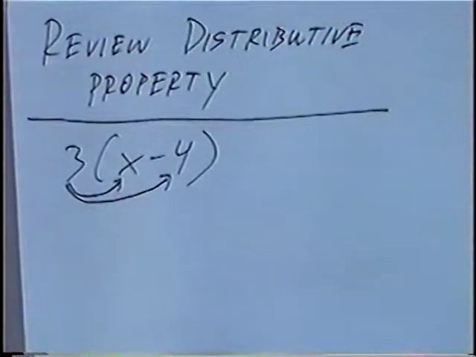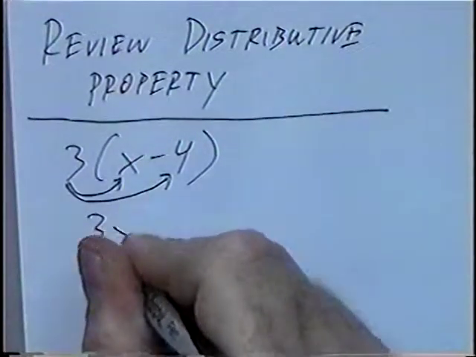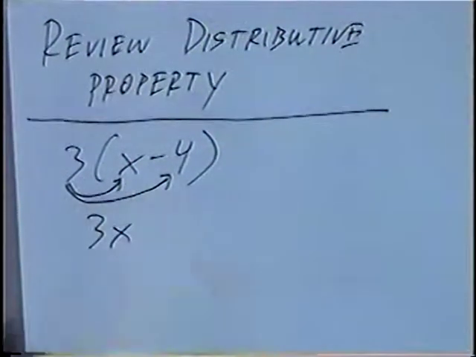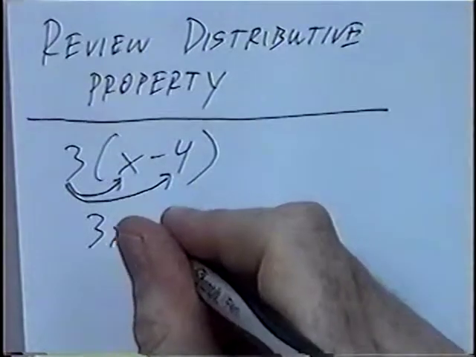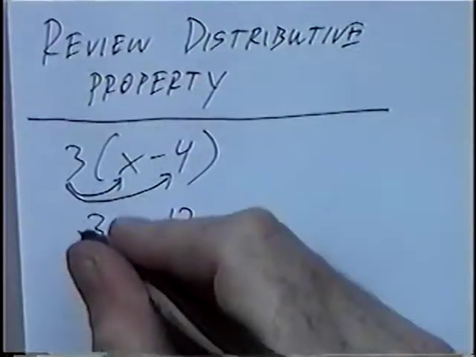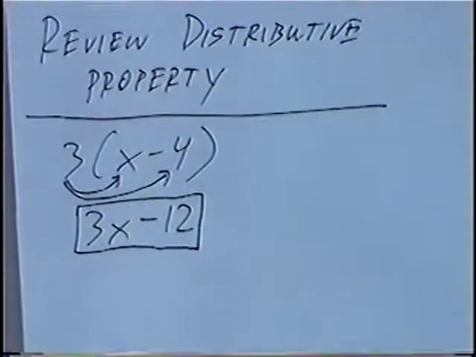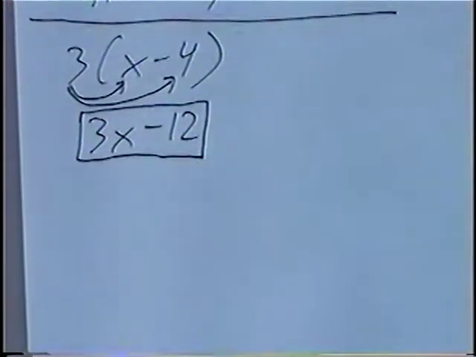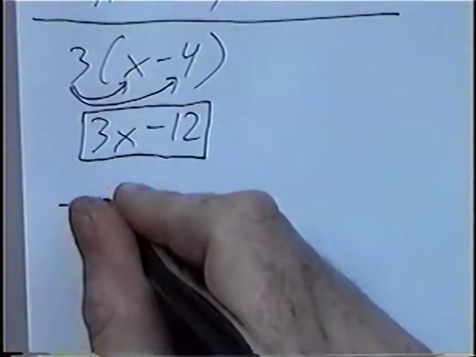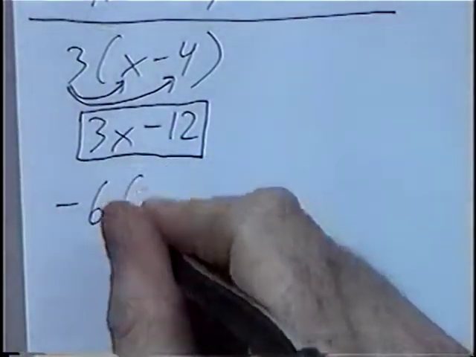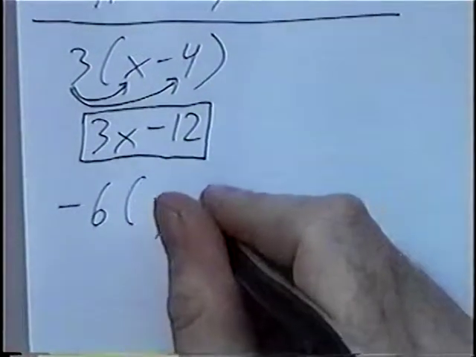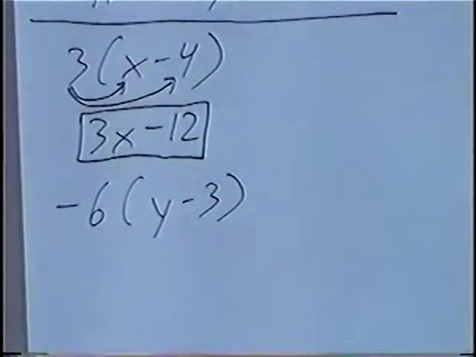In this case, we'll have 3 times x, which will be 3x, and 3 times a negative 4, which would be negative or minus 12. So our final answer would be 3x minus 12. Second question and last question for the section. Negative 6 and inside parentheses y minus 3.